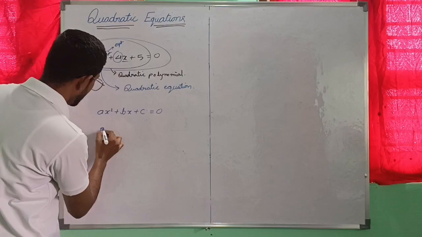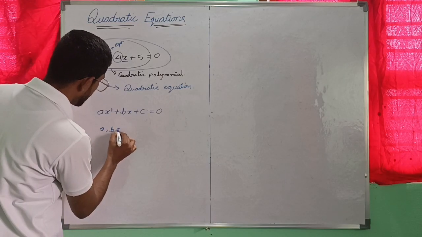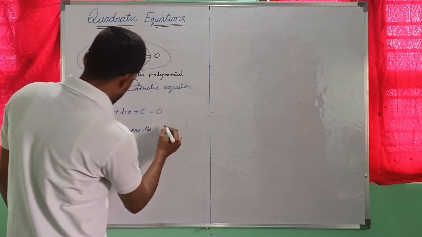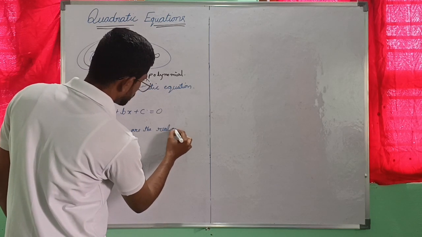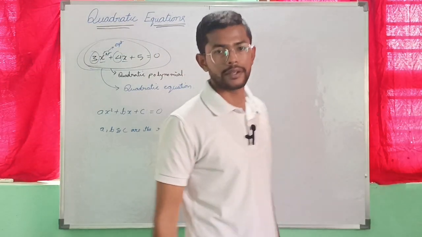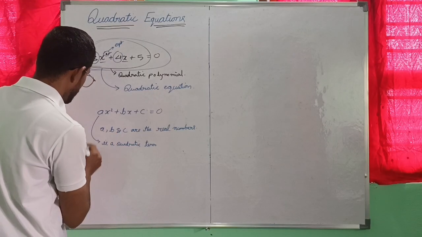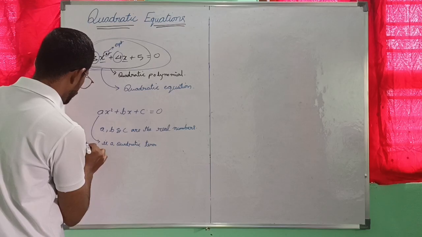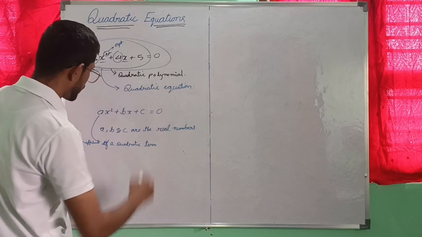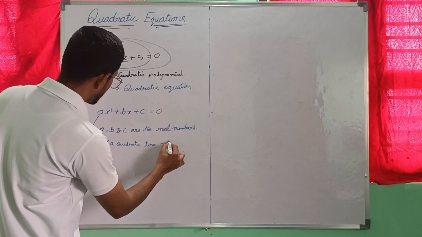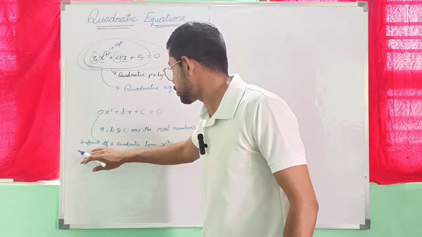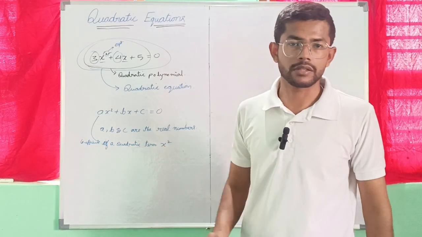Here a, b and c are real numbers. This a is the coefficient of the quadratic term, which is x squared.